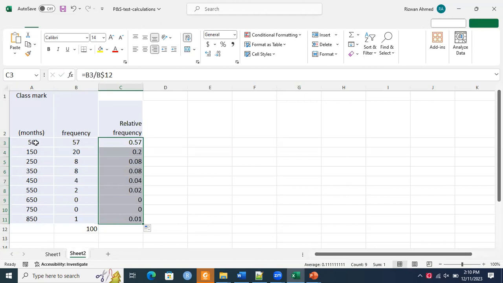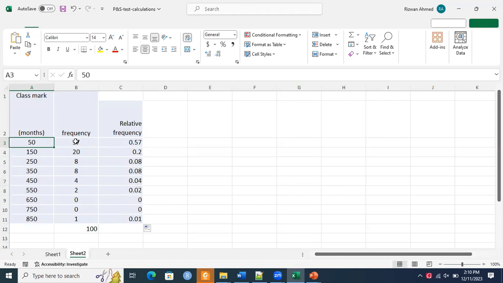Right. So for taking the time value, we have considered class mark. So the number 57 bulbs failed from 0 to 100 months. That's the interpretation of class mark and all that. So this is the relative frequency function, and this is when plotted with the upper limit of time.